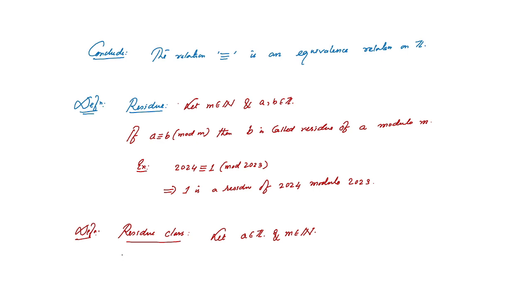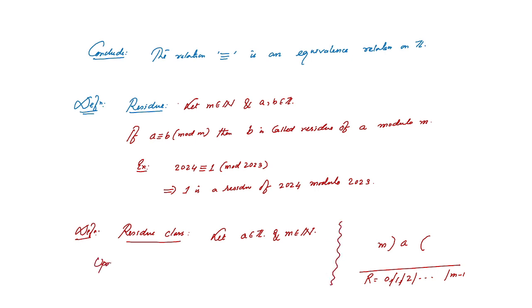Then if we divide A by M, the question is what are the remainders? The remainder may be 0, 1, 2, or M minus 1. So these are the possibilities.